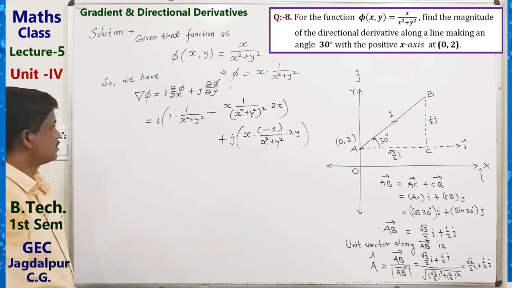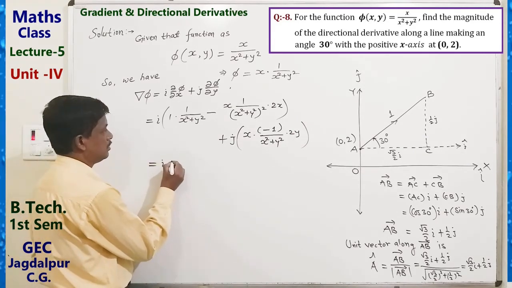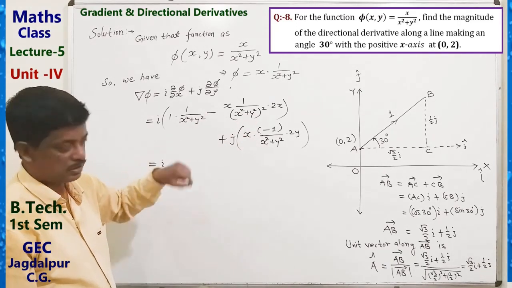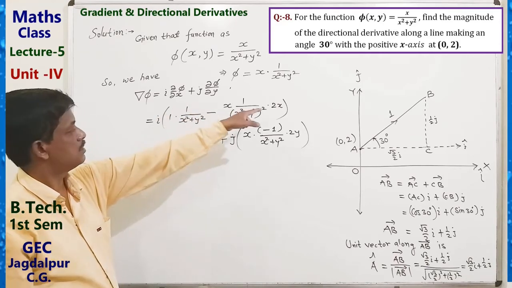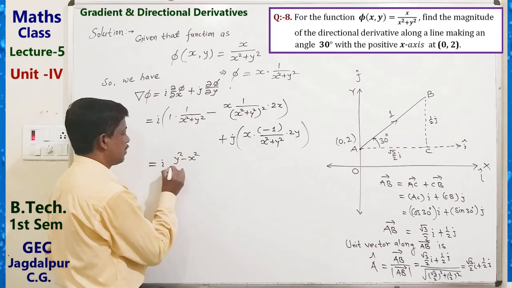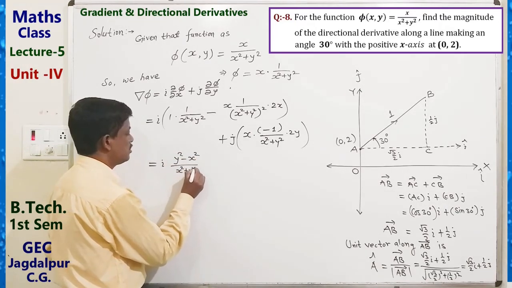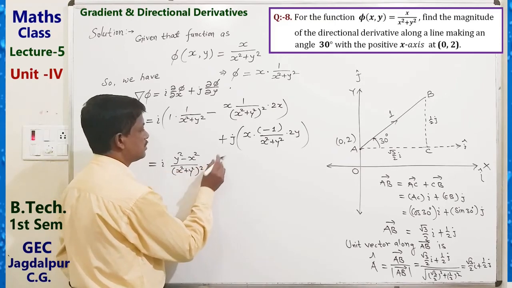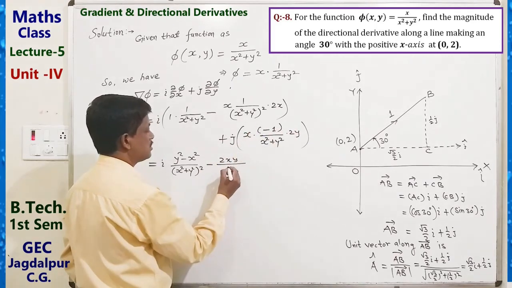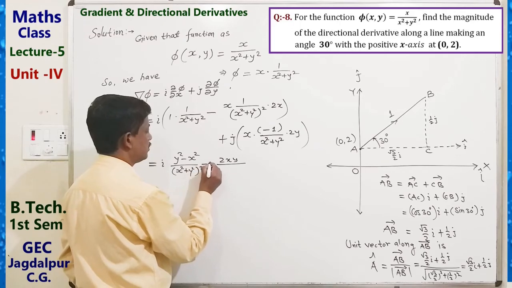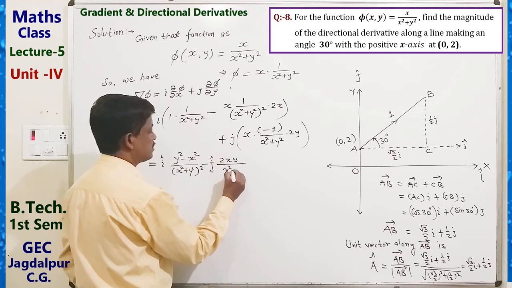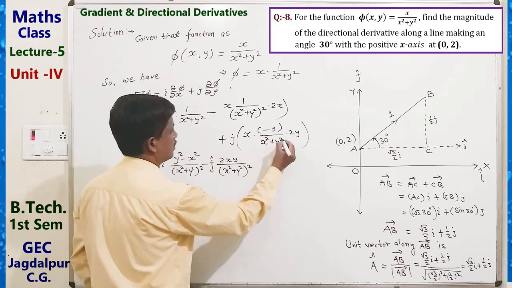So we can write I. Here taking LCM, which is (x square plus y square) square: x square plus y square minus 2x square, that is y square minus x square, upon (x square plus y square) square, plus J times minus 2xy upon (x square plus y square) square.